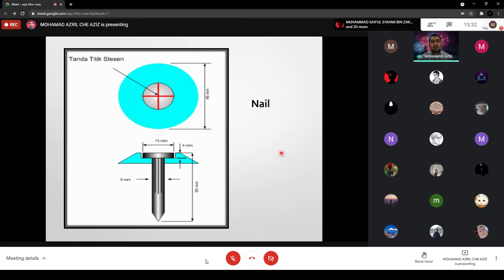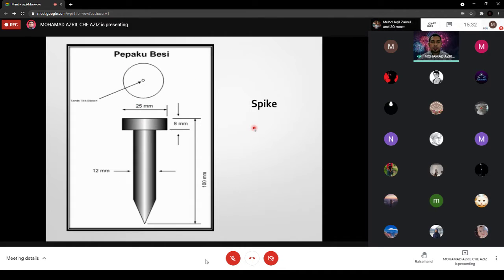Then you have a nail. So this is the specification, the standard that has been provided by the JUPAM. And then the nail, and then spike.